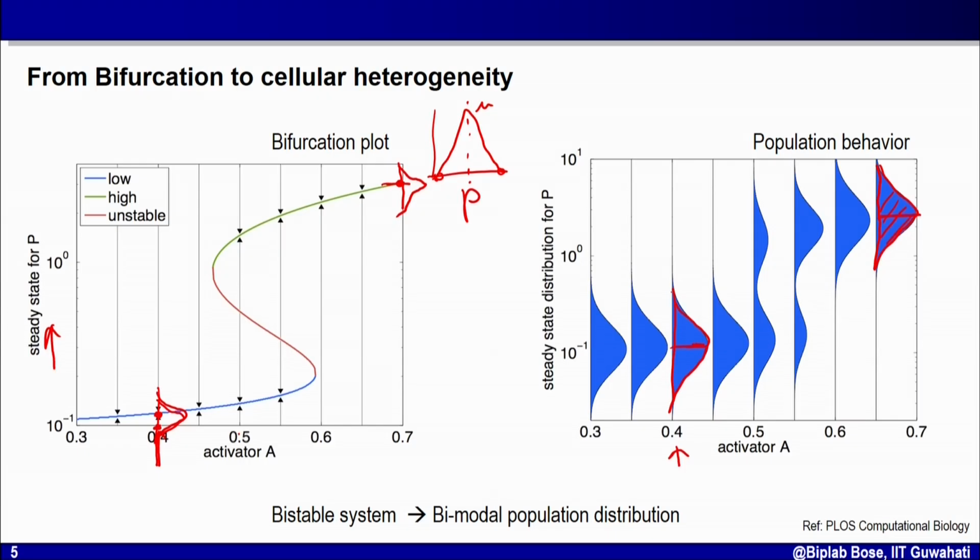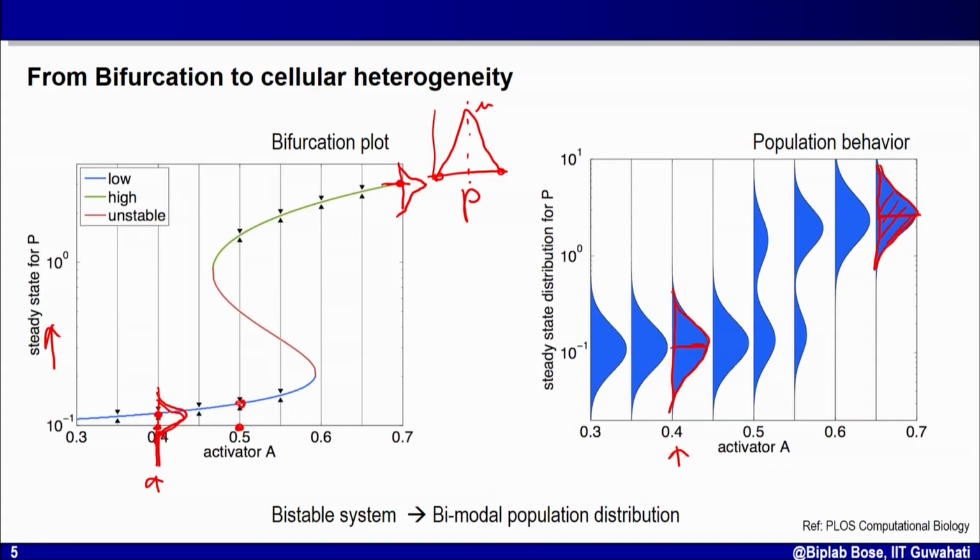If I give a signal of 0.5, I have two possible steady states. Suppose initially cells were here, and the signal I am giving from outside was 0.4, and then I have added a few drops of the signal from outside, and the signal increased to 0.5 now. Now if I allow this system to go to a steady state, I will have two possible steady states.